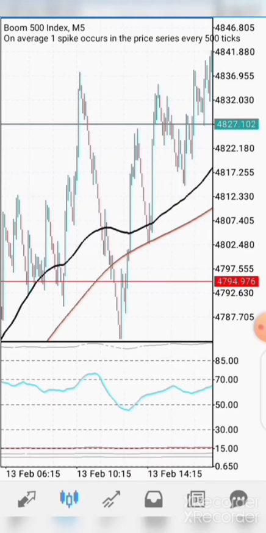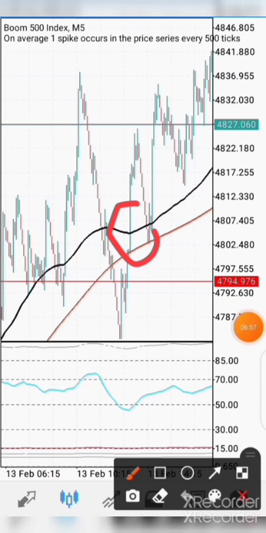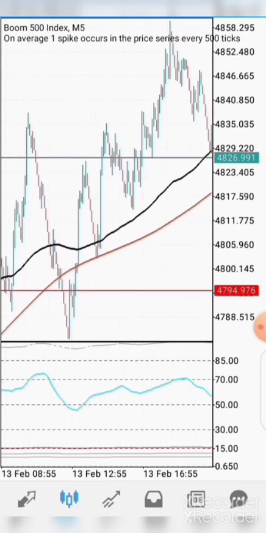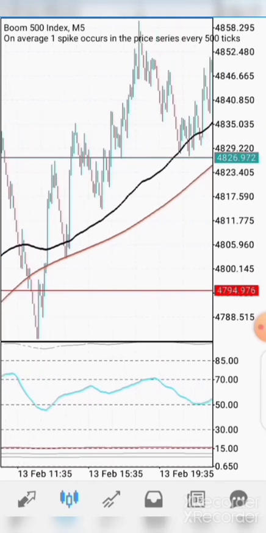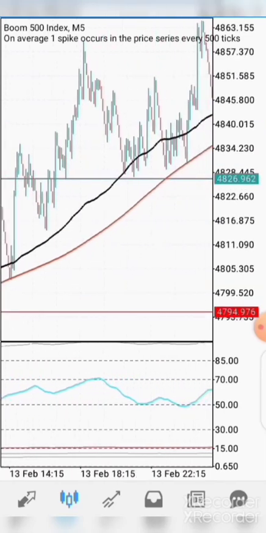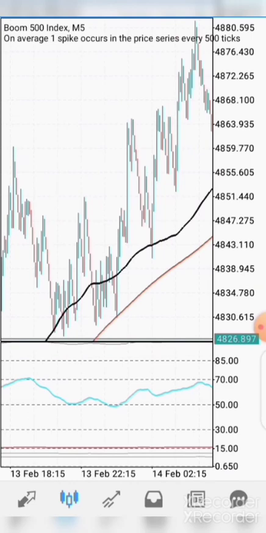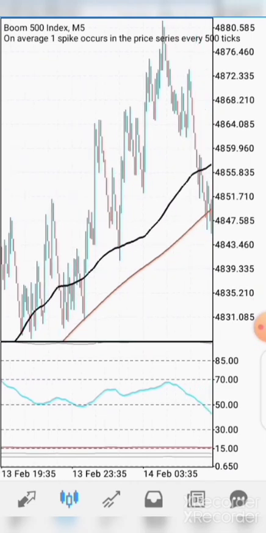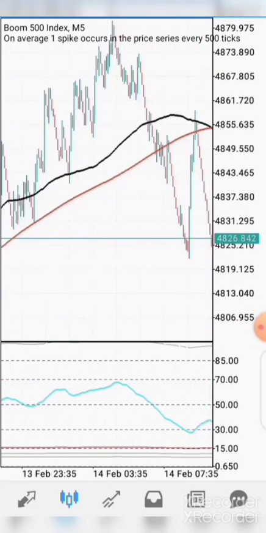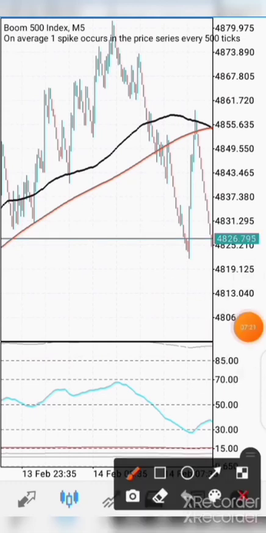Our conditions were met here again. Here, I enter a buy, right? It goes up, up, up, up. Just keep going. It's still above it. I hold my trade, I come here, I close.